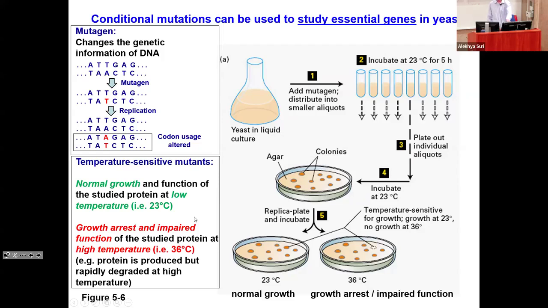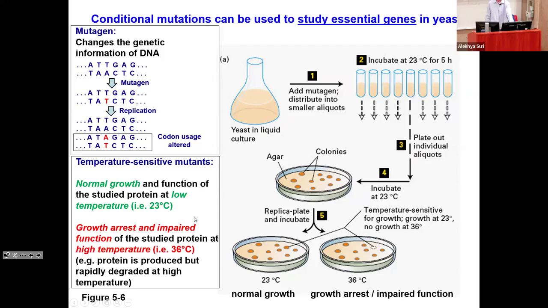So when you plate out yeast cells treated with a mutagen on plates, you would see a certain number of colonies at room temperature. If you transfer those colonies to two plates, it's called replica plating, and you have the same colonies at the same place on the plate.